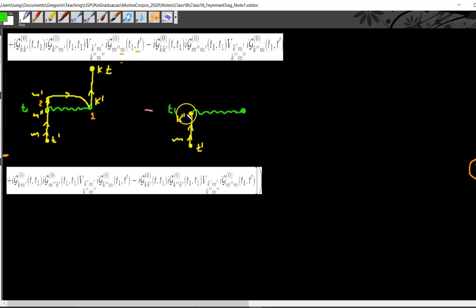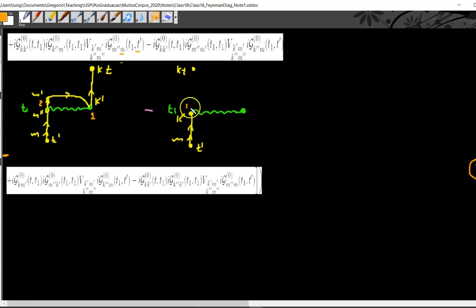Now I want to go to point k, and this other propagator tells me that the line going to k at time t would be something like this. And I know that in the vertex where k double prime is entering, k prime must be leaving.